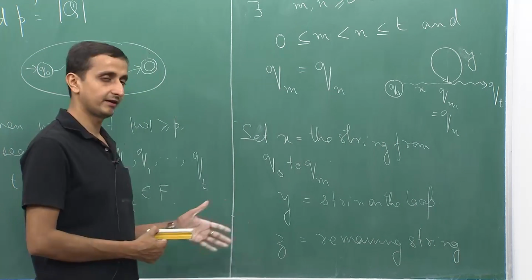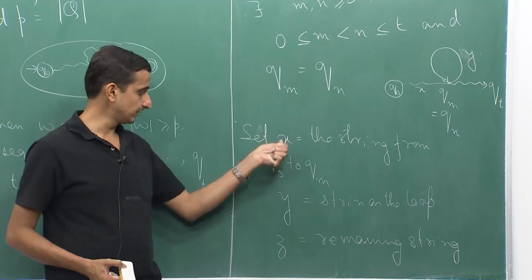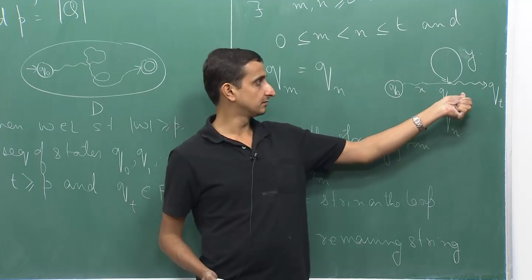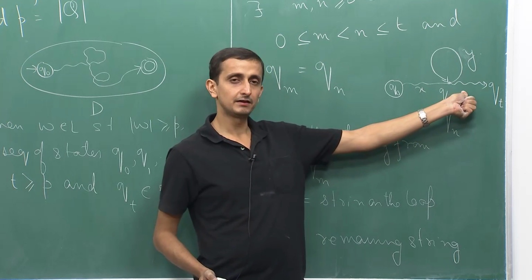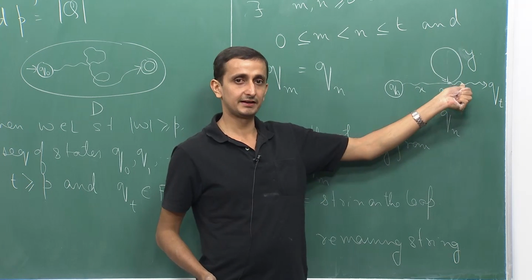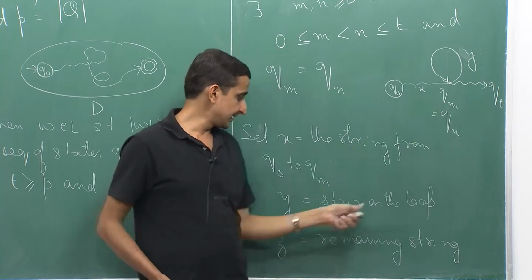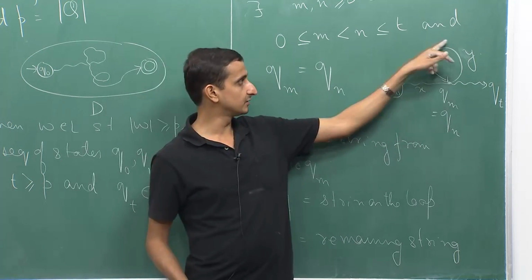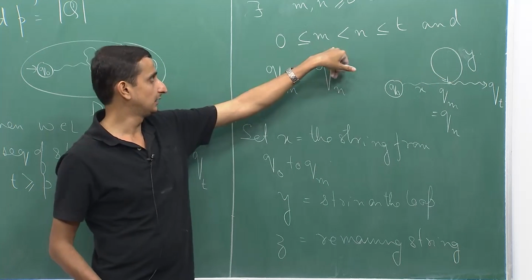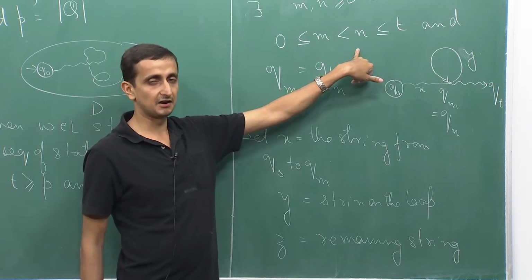If I do this setting, the length of x plus the length of y is at most p, because the number of states is at most p and that is the first time I am getting a repetition. The length of y is strictly greater than 0, because this loop is non-trivial. There is some edge on this loop, because of the pigeonhole principle that m and n are not equal.